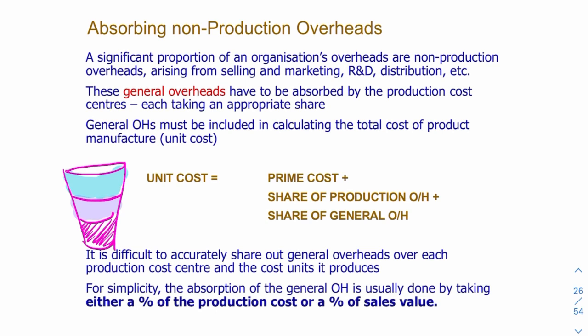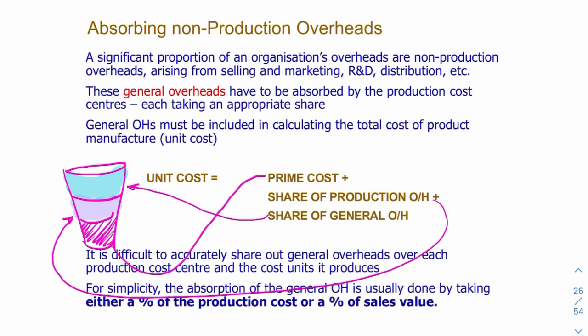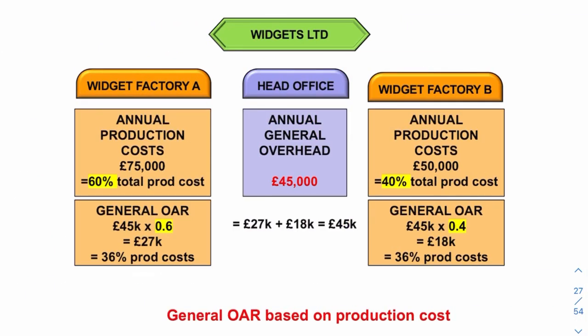Okay, so we've got the prime cost, and we've got general overheads, and production overheads. All three of these will contribute to the final price tag. So take an example.